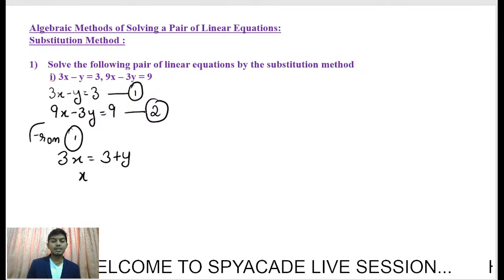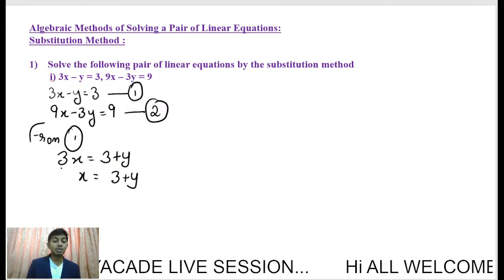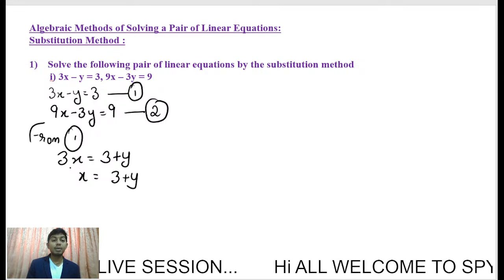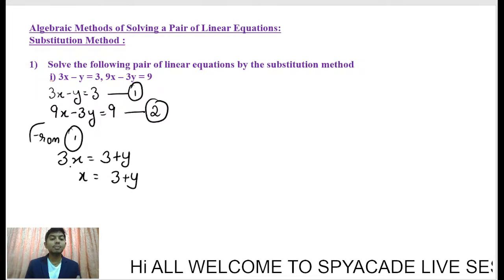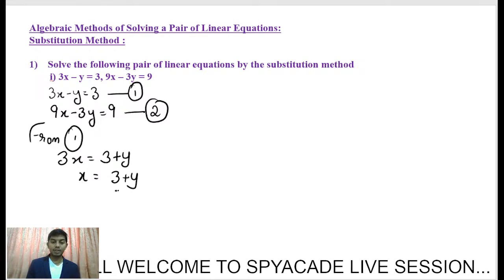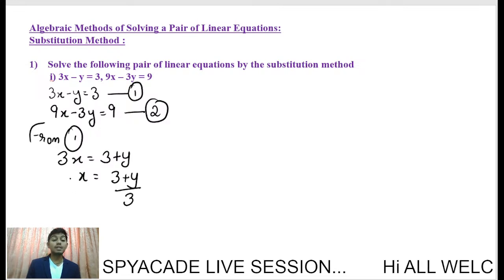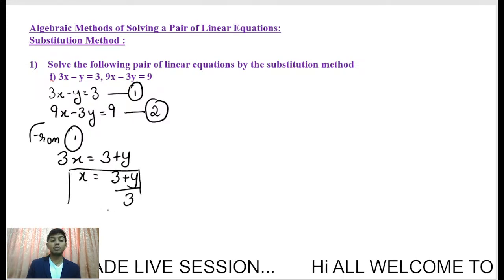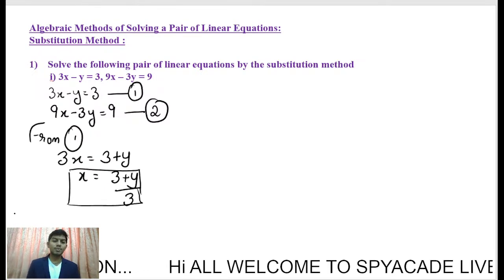And then 3x is equal to 3 plus y. Here the connection between 3 and x is nothing but multiplication. So if the multiplication goes to the other side, it will become division. So this 3 will come this side, it will be divided by 3. So x is equal to (3 plus y) divided by 3. This is the value of x which we found in terms of y.